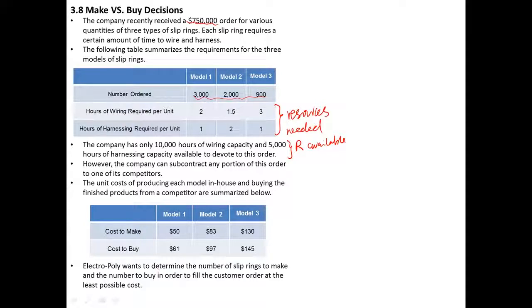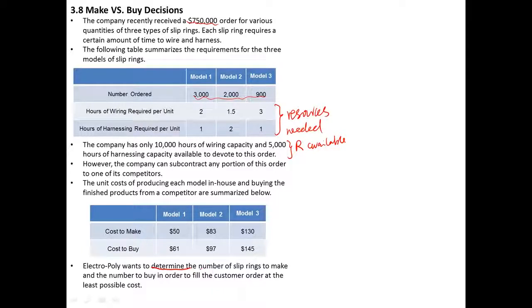Then they want to determine the number of slip rings to make and the number to buy in order to fill the customer order at the least possible cost. This last sentence is pretty important. It gives us two parts of information that are related to our OR model. First, wants to determine. That's the decision. And what's the decision about?